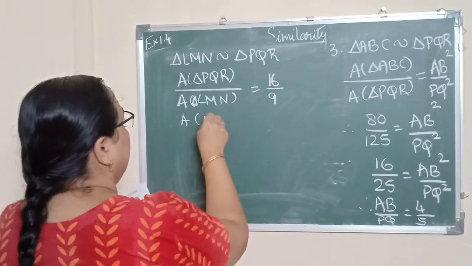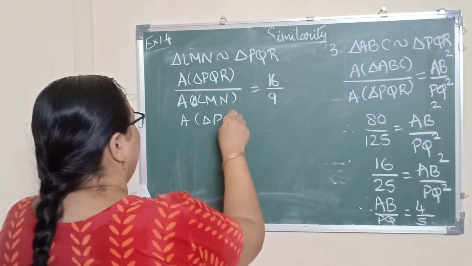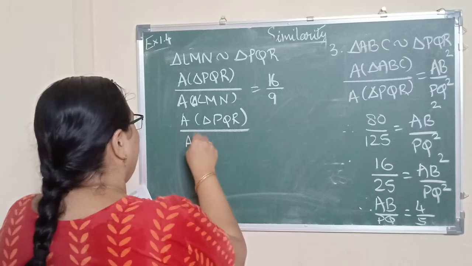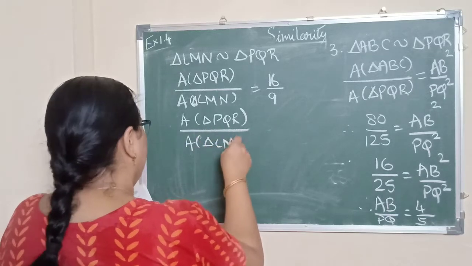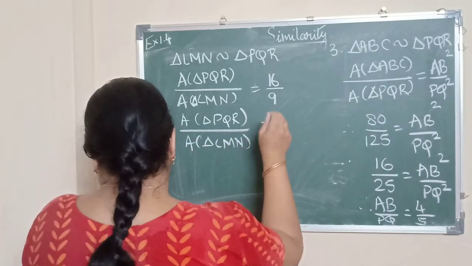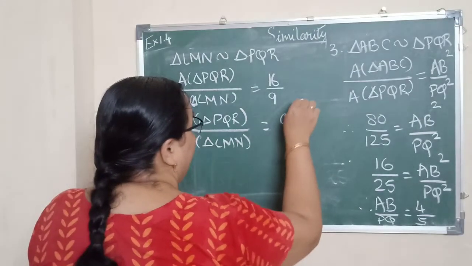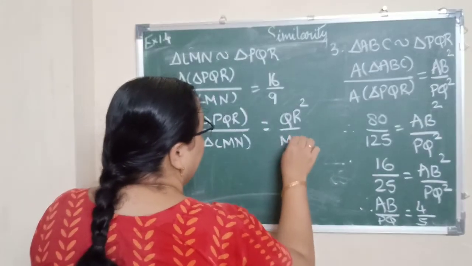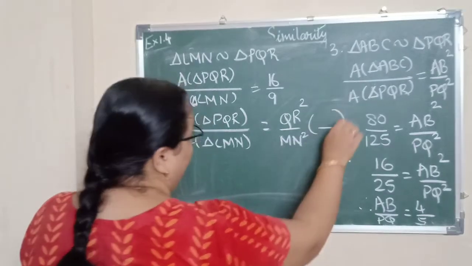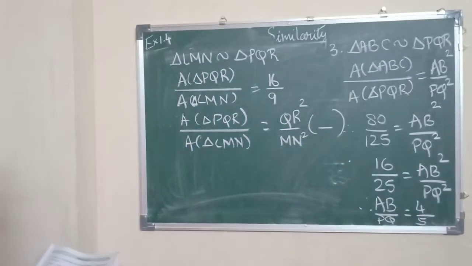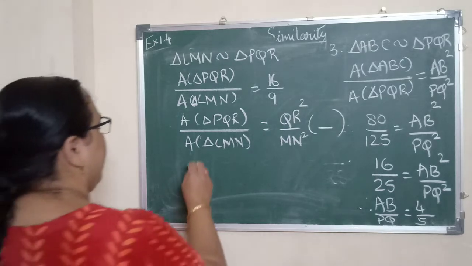Area of triangle PQR upon area of triangle LMN is equal to, very good, QR square upon MN square by theorem of areas of similar triangles.